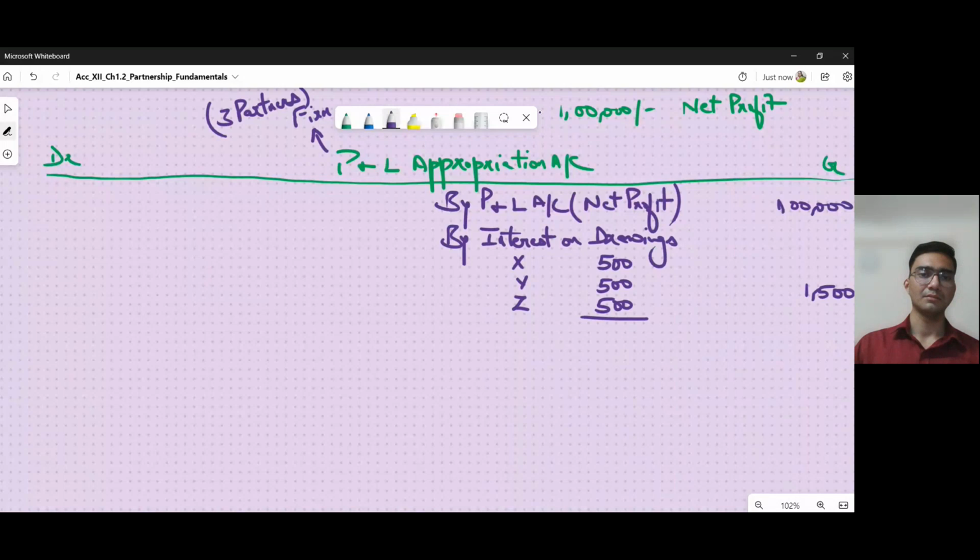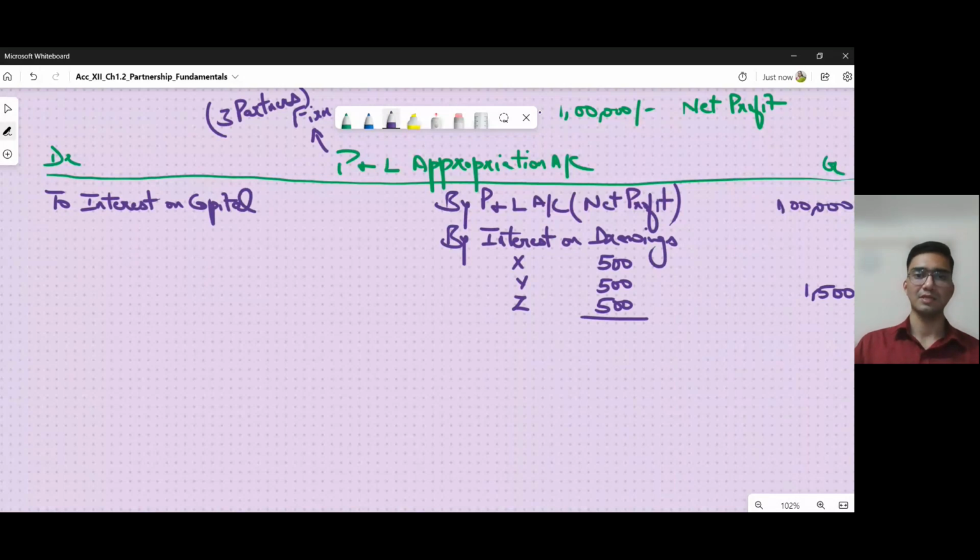Now let's talk about the expenses of this firm in whose position we are preparing this account. So the first expense which we will show would be interest on capital.